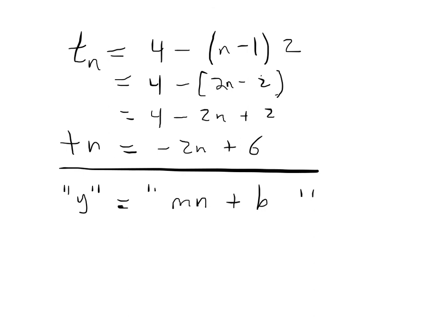So it looks like the discrete set of points that is the graph of an arithmetic sequence is indeed part of an associated line, a continuous line, if I let n be any real number. In other words, graphs of arithmetic sequences are subsets: they're discrete points on the graph of a line.